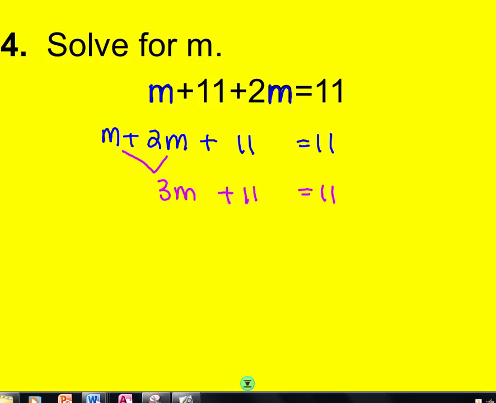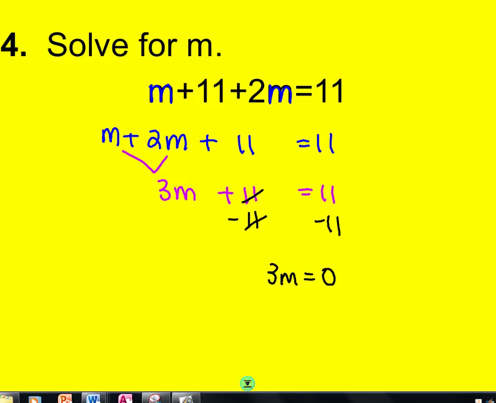So now that I've simplified, I've collected my like terms, now I can solve this two-step equation using inverse operations. So I'm going to start by subtracting 11 on both sides of the equal sign, and I'm left with 3m is equal to 0.